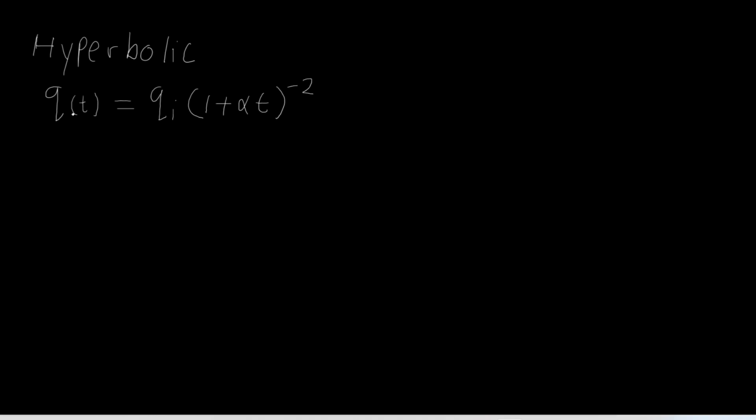So we are going to be making t the subject of the formula. We are going to be dividing both sides by qi, which will give us q over qi is equal to 1 plus alpha t raised to power minus 2.